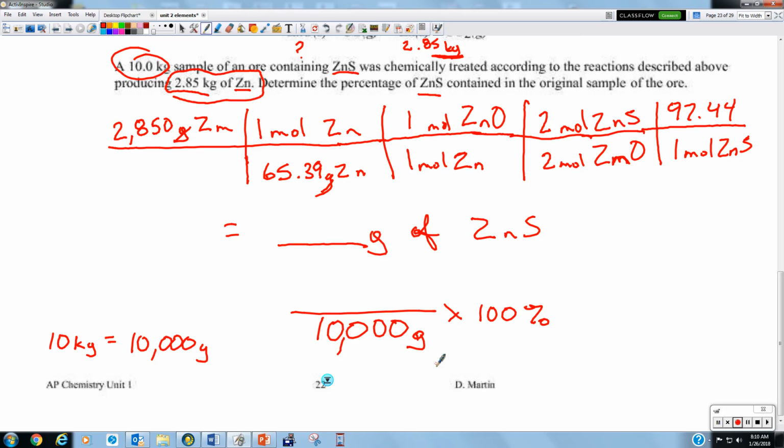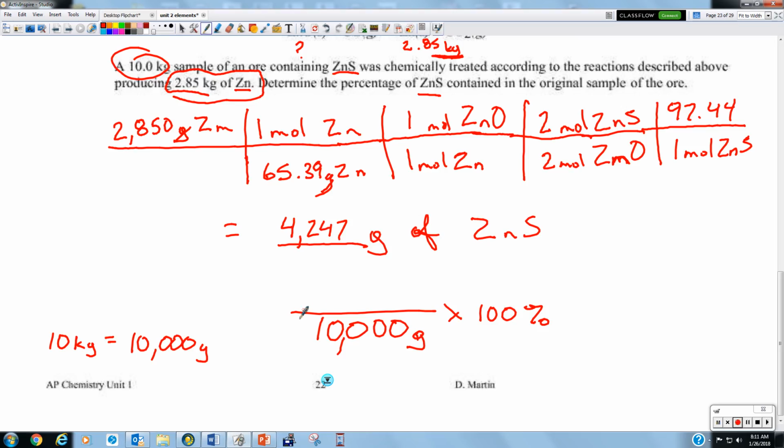Yeah, because we're dealing with 2,850 grams initially. All right, so what was it again? 4,247.